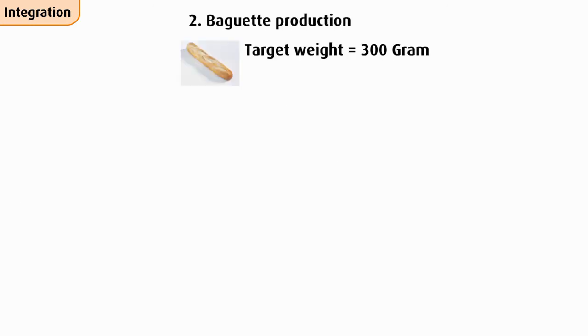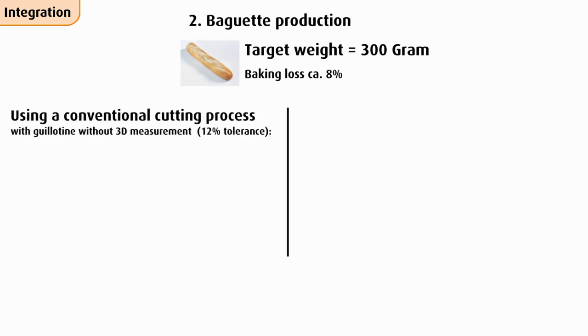Example 2. Baguette production. The baking weight is 300 grams for the production of semi-baked baguettes from one dough strand, in high-quality craftsmanship with a coarse, uneven pore structure.